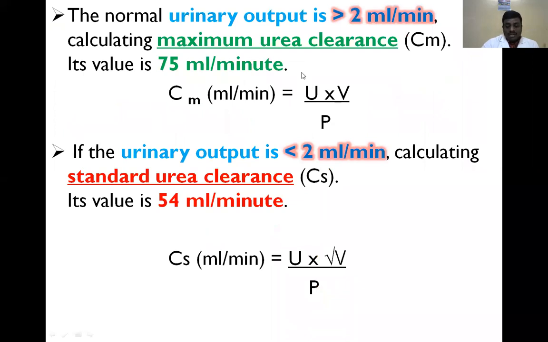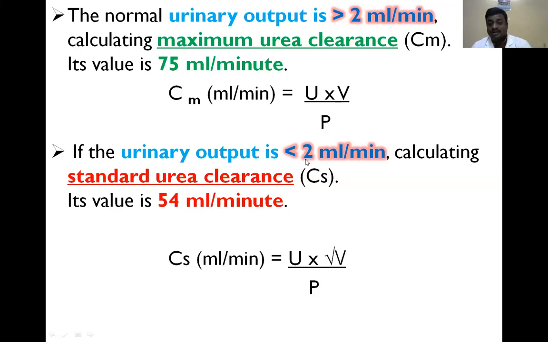For urea clearance, normally the urinary output is greater than 2 ml per minute. In the last examination, no one mentioned this urinary urea output. Here we can clearly mention that the normal urinary urea output is greater than 2 ml per minute, and also less than 2 ml per minute.